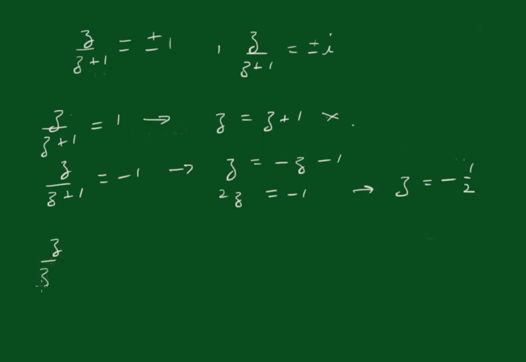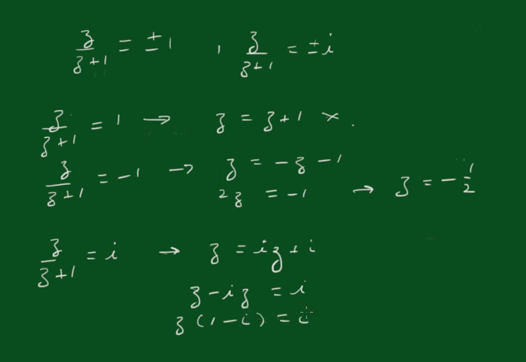z over z plus 1 equals i. This means that z equals iz plus i. Take this across. z minus iz equals i. Take the z out, so that z times 1 minus i equals i.